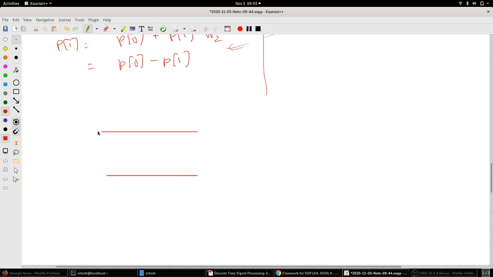So this guy here will be P of 0, this will be P of 1, okay, and this will be here. So let me just first take this guy. So this is your 2-point butterfly structure. Let me just draw it properly.